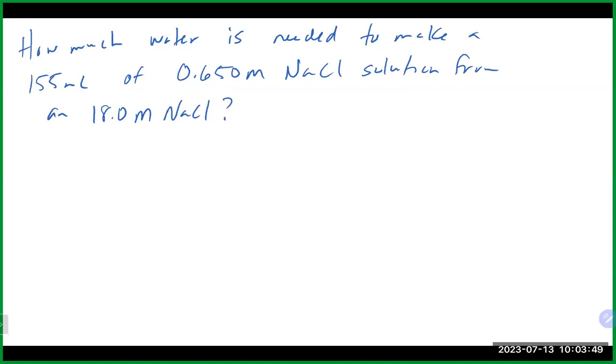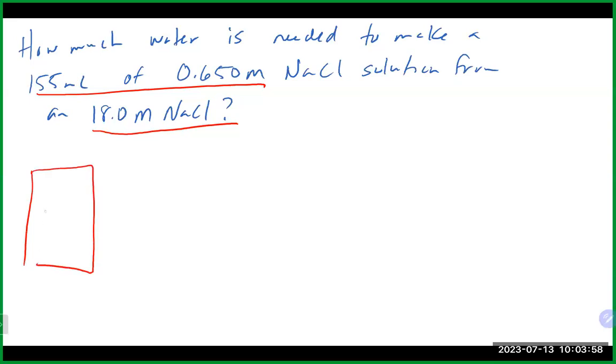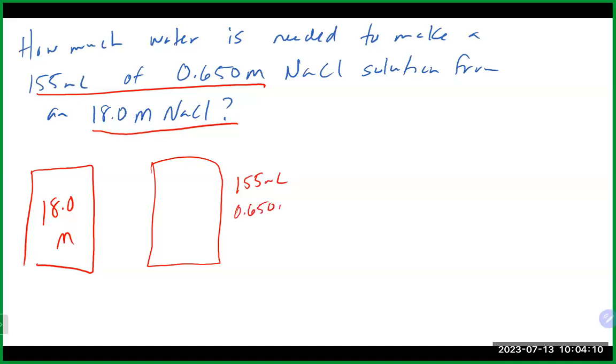Same situation here. We basically want to make a more dilute solution of sodium chloride. We have a more concentrated solution. So once again, we have a bottle of 18 molar sitting there on the shelf. And we want to make a new container that has a volume of 155 milliliters and a molarity of 0.65 molar. So once again, we're going to do M1 V1 equals M2 V2.